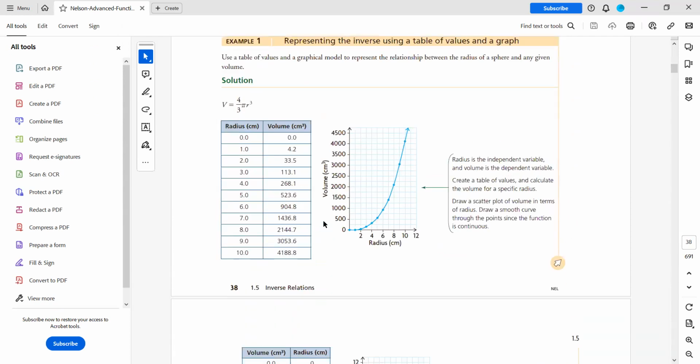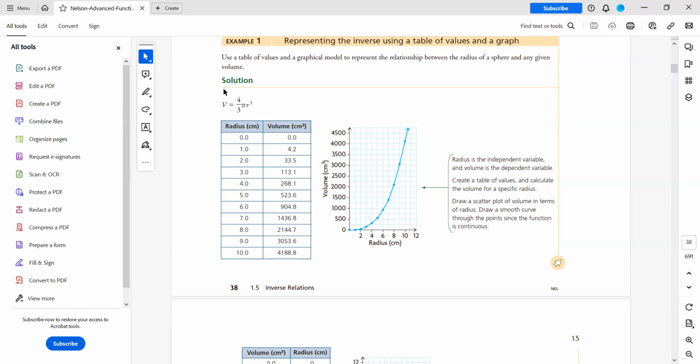So basically an inverse function gives you the inverse of the relationship. Do you understand what inverse means? Basically inverse means opposite, reversed. Is that more clear now?